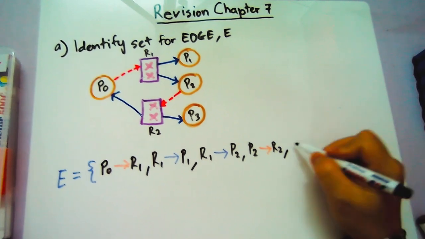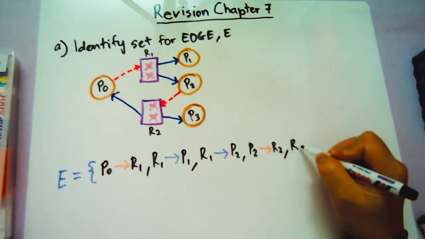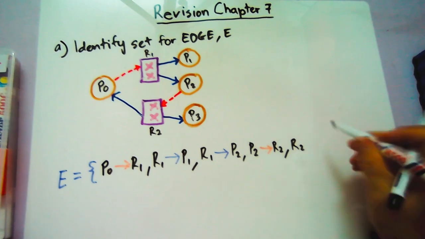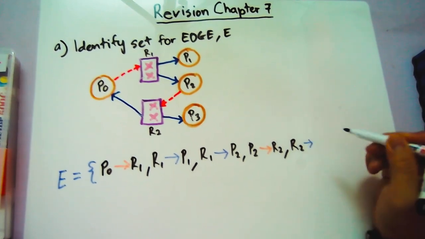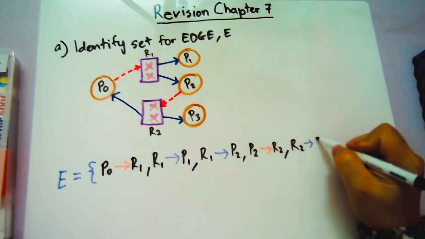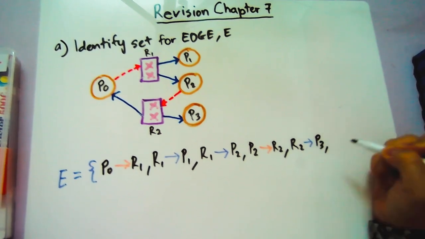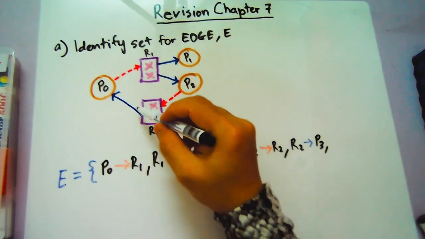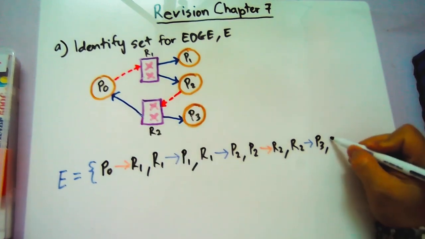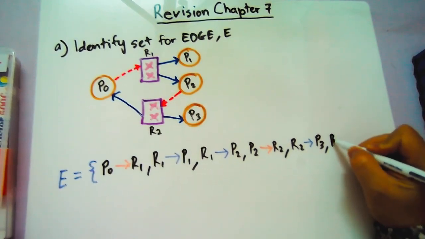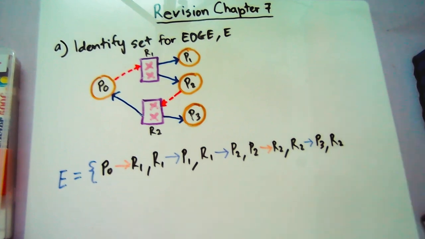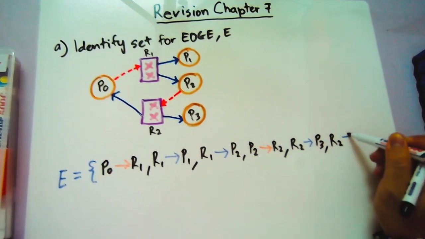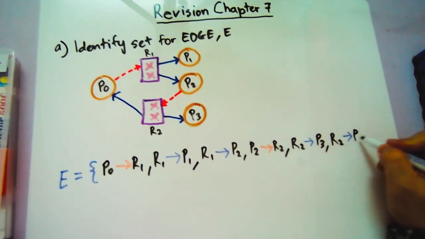Next, the fifth edge is the edge of R2 to P3, which represents resource R2 is assigned to process P3. And the last edge is the edge of R2 to P0, which represents resource R2 is assigned to process P0.